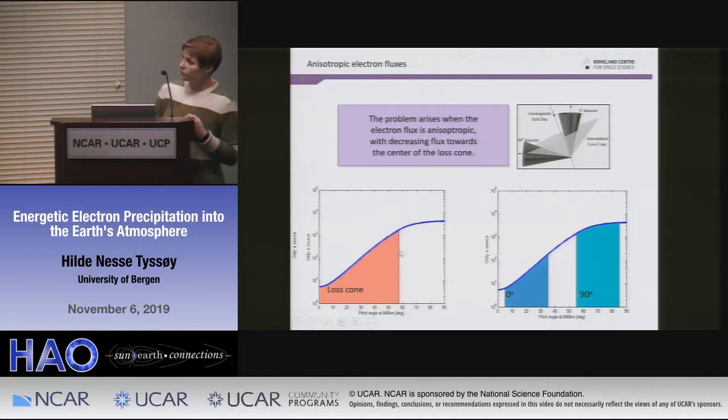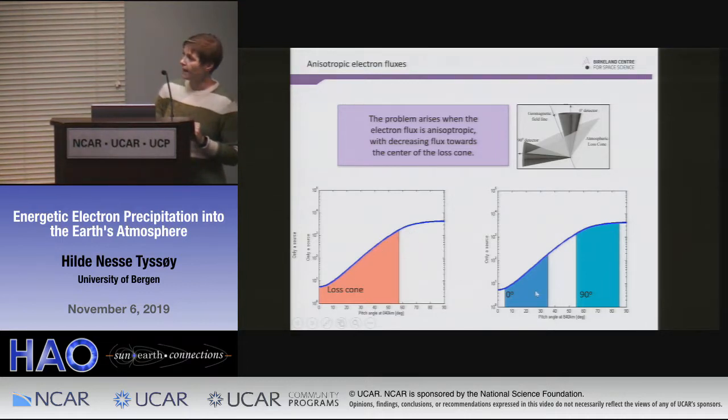So then we wish to measure this level, while the 0-degree detector sees too little and the 90-degree detector sees too much. And this is a logarithmic scale, which implies that the 0 and 90-degree detectors are often measuring fluxes with 2 orders of magnitude difference. And the loss cone value is somewhere in between.